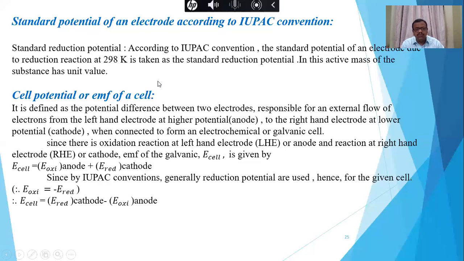Now we go on to the EMF of a cell. EMF is also called the cell potential.